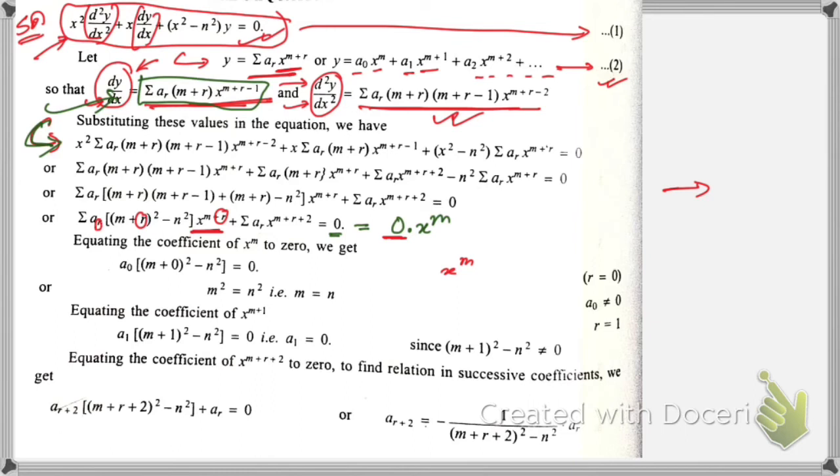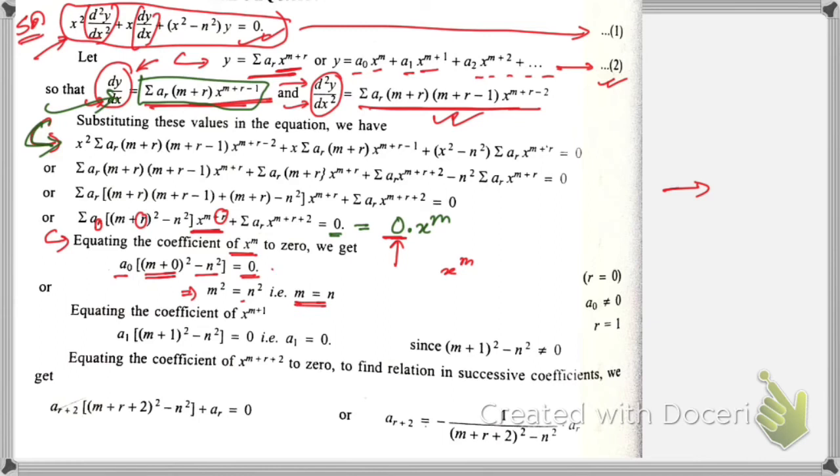And equating the coefficient of x to the power m, the coefficient of x to the power m on left hand side becomes a naught into m plus 0 whole square minus n square, right? And on the right hand side, the coefficient of x to the power m is 0, so that's why equal to 0. Now this implies m square is equal to n square, that is m is equal to n.